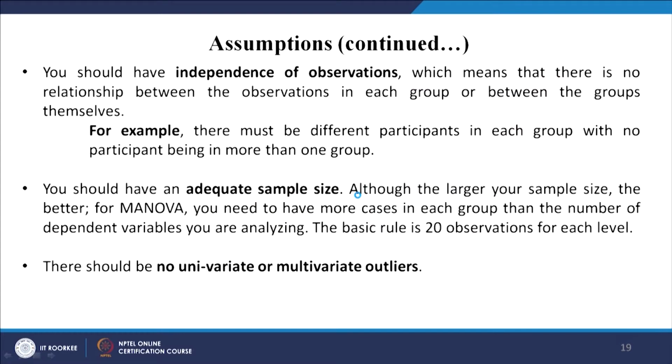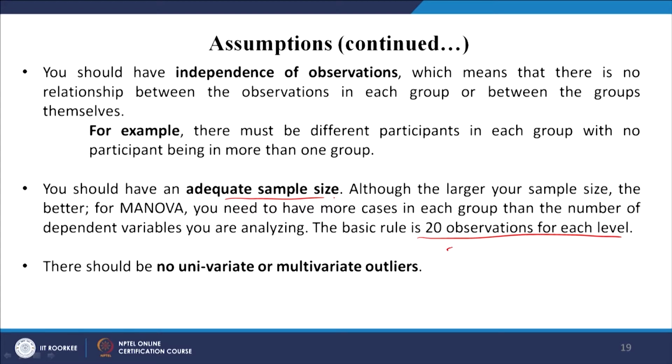We said during the assumptions that there should be independence of observations, which means there is no relationship between the observations in each group or between the groups. That means different participants in each group, with no participant being in more than one group. That is one of the assumptions. Sample size should be adequate: 20 observations for each cell.